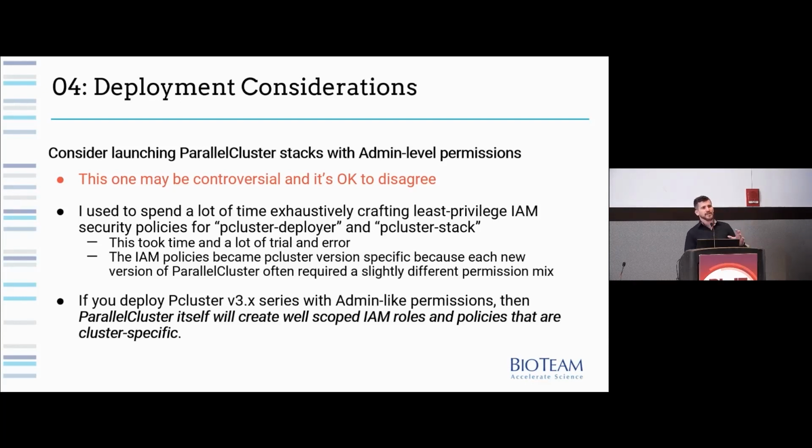And then there are permissions that launch the stack versus being able to run the stack. I think there are ways now in ParallelCluster 3 that you can launch it with admin level permissions, but then ParallelCluster itself will scope down its IAM role. So again, I'm still a fan of the principle of least privilege, but ParallelCluster handles this better now.